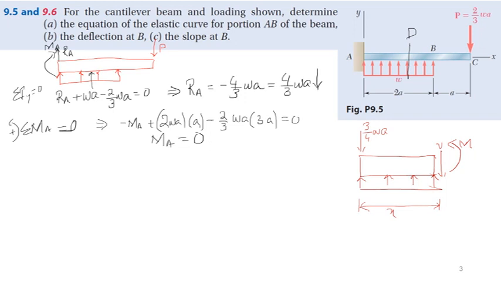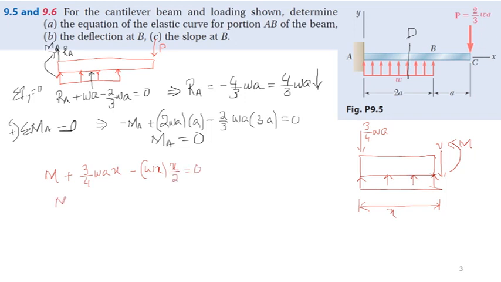Now if we write the moment equation, M plus 4 by 3 wax minus wx, that is the force, applied at x by 2, must be equal to 0.